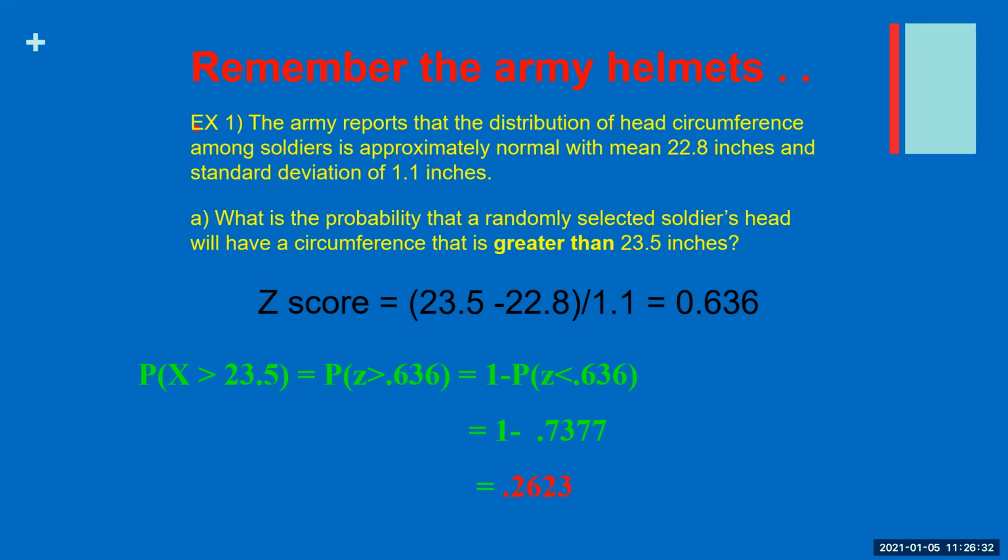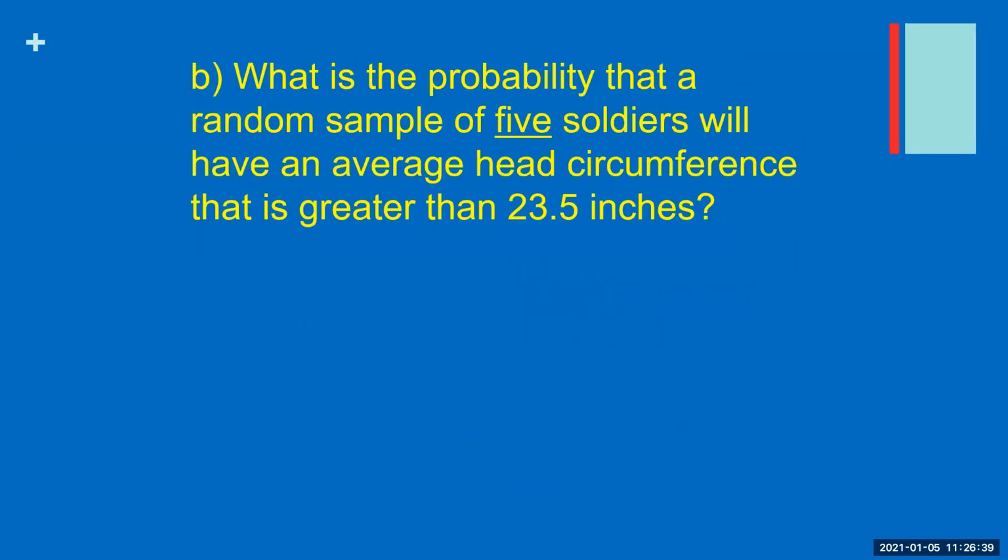Okay, so this is nothing new to us. We've translated z-scores, looked inside the z-table, found probabilities. So what's different? Well, let's change this problem up to instead finding the probability that a random sample of 5 soldiers will have an average head circumference that is greater than 23.5. Now we've changed our sample size.